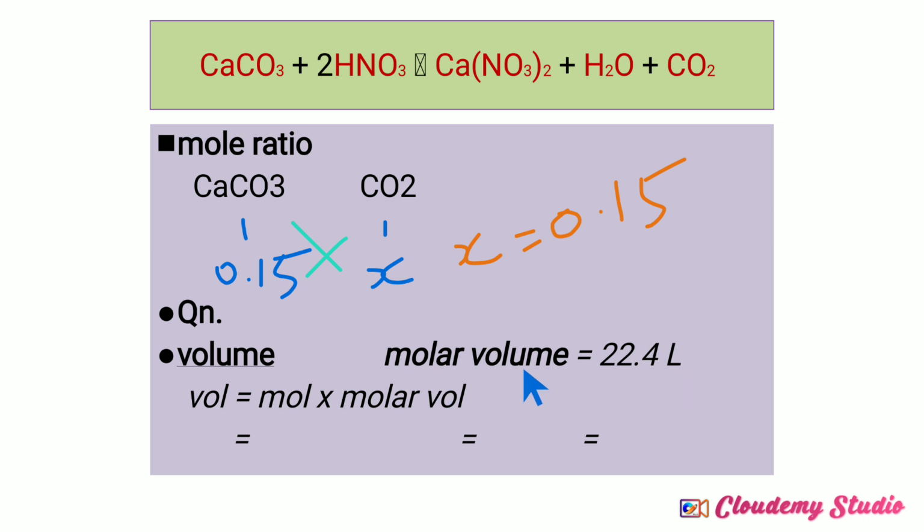Molar volume means the volume occupied by 1 mole of any gas at standard temperature and pressure. That value is 22.4 liter. So these values we can substitute in the formula, that we can do now.